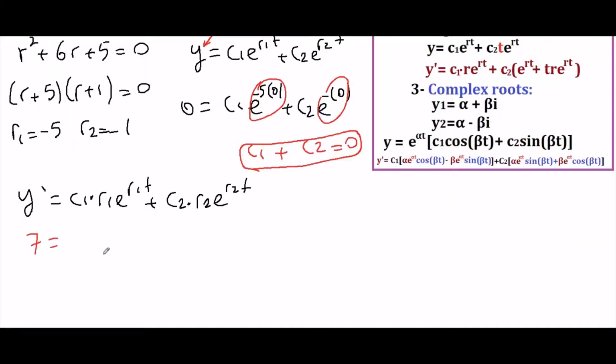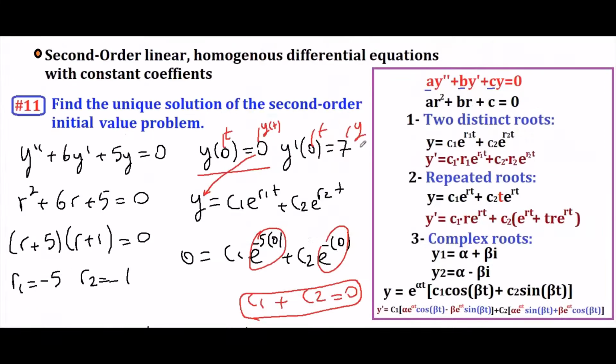So 7 equals c1 times our r1, which is negative 5, e to the negative 5. Instead of t, we're going to plug in 0, and c2, our r2 value is negative 1, e to the negative 1, our t value is 0, from the second initial condition.